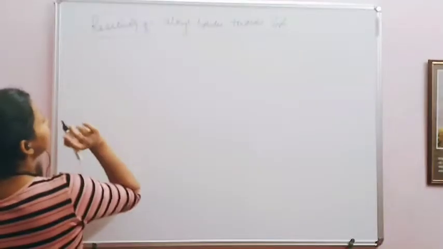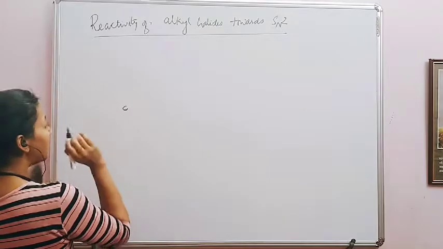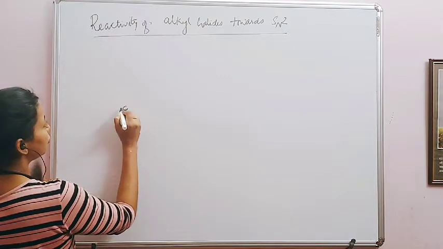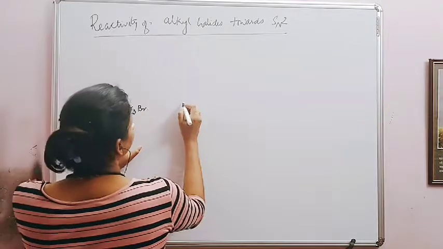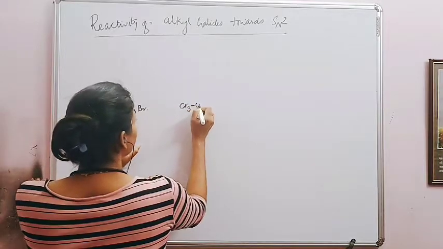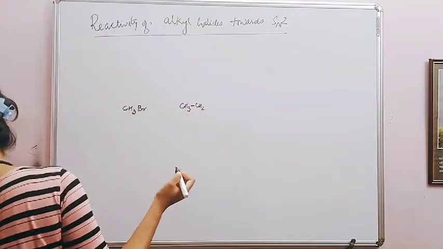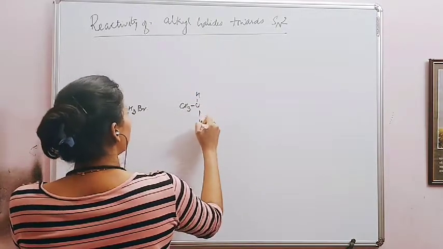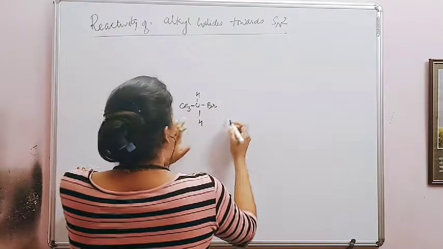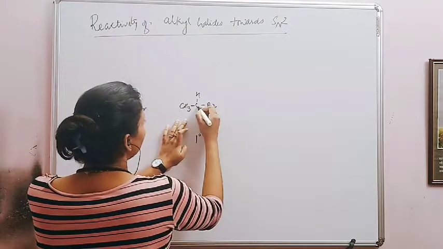Now, first of all, let me start with methyl halide, that is CH3Br. Then we have ethyl bromide, CH3CH2Br. This is a primary alkyl halide.